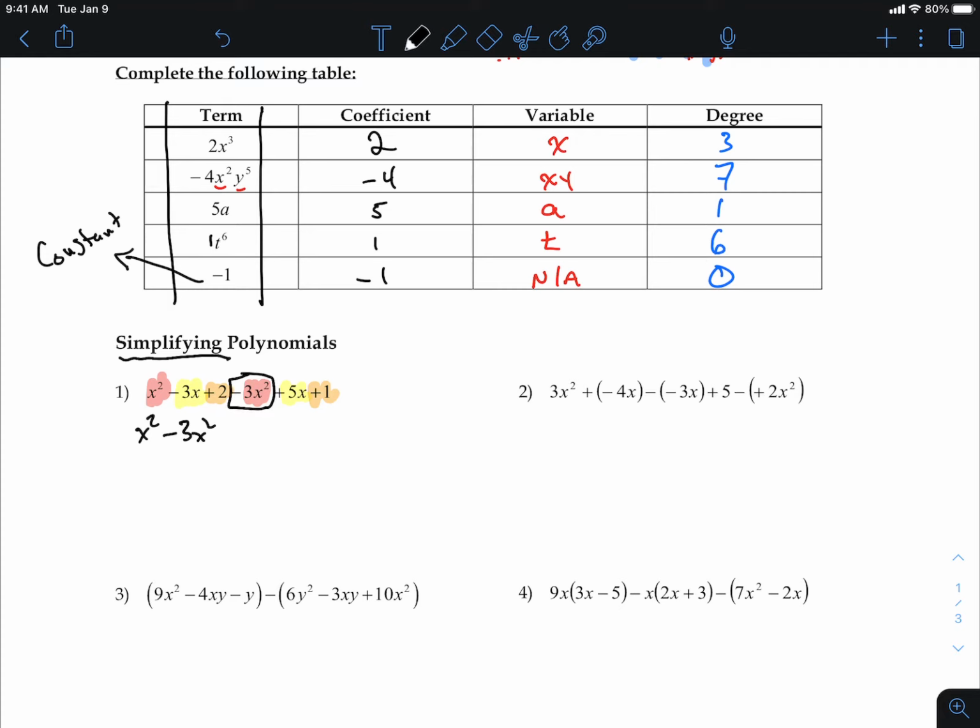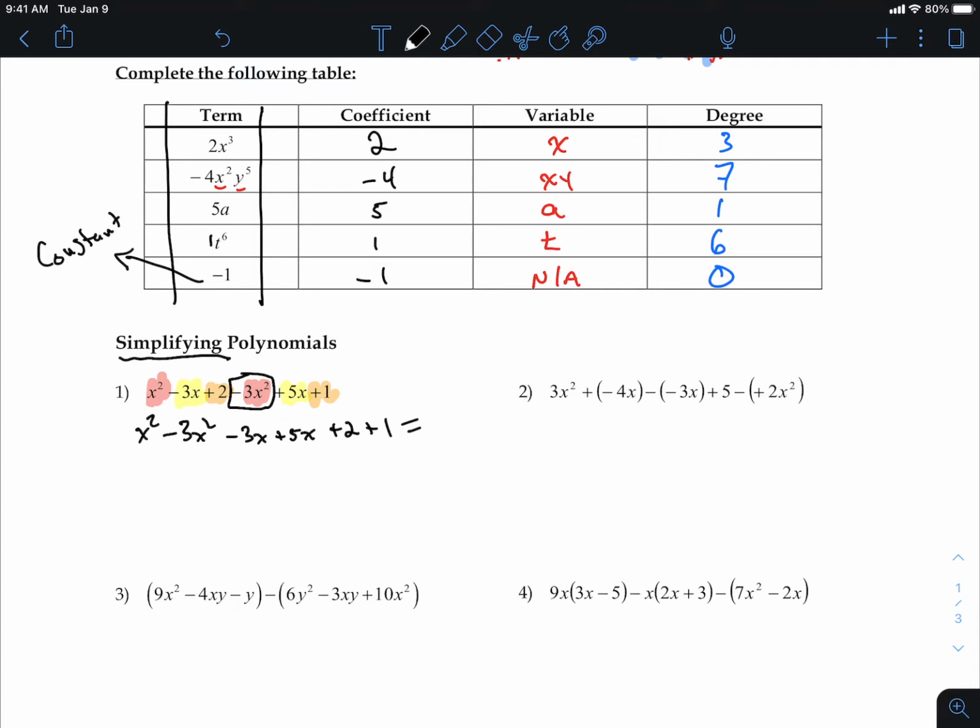Okay, and then I'm gonna go minus 3x plus 5x plus 2 plus 1. I don't have to worry about the signs changing at all because I'm not bringing it to the other side of an equal sign. I'm just technically moving everything around on one side, so I can just move them around.